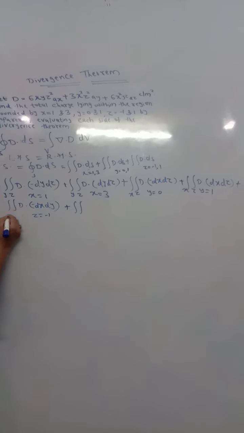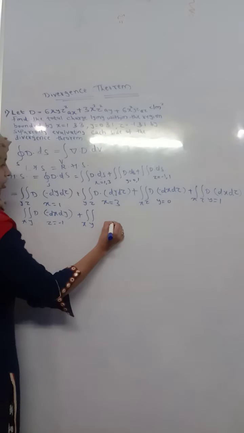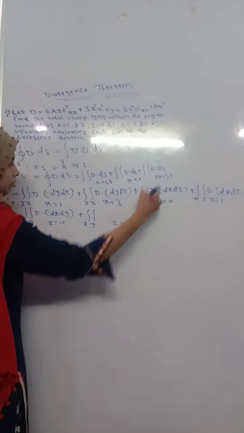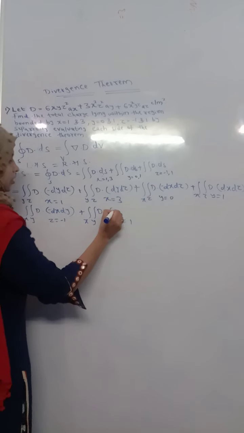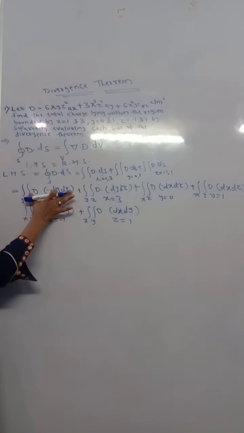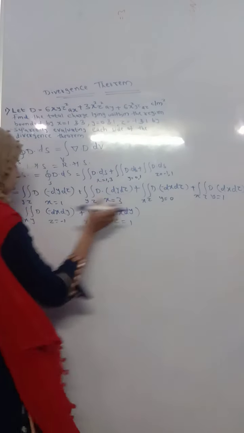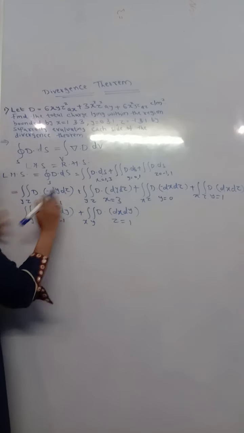Similarly, you write for x and y, so z will be 1 the second time. Here D will be as it is, but here is the minus term dx dy. Likewise, the total is 1 part, 2, 3, 4, 5 and 6. You may assume anything: front, back, right, left, top, bottom.